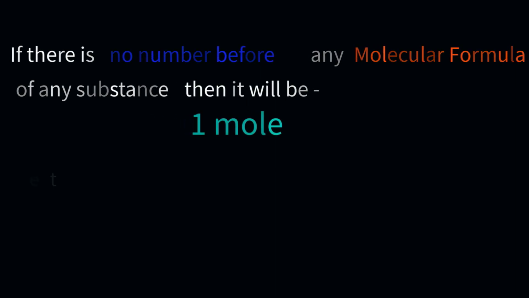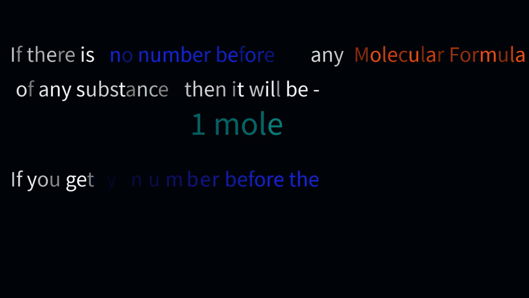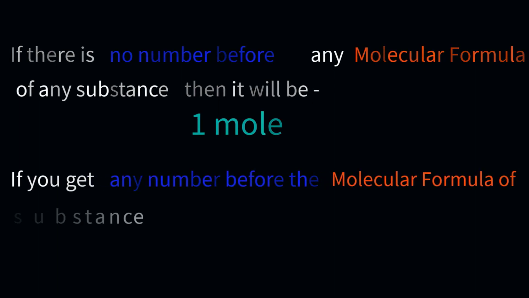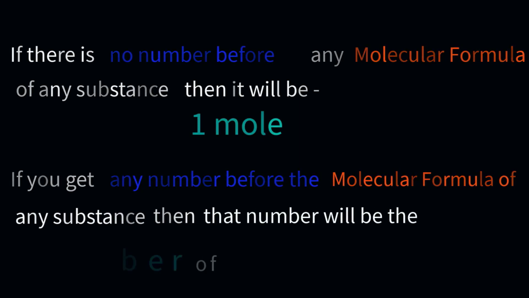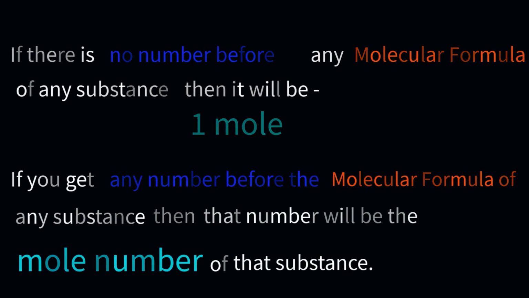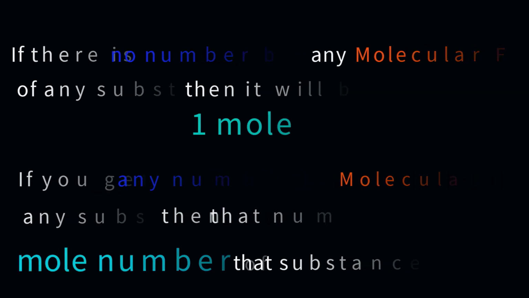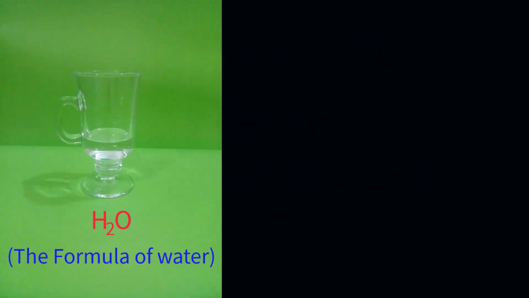And if you get any number before the molecular formula of any substance, then that number will be the mole number of that substance. For example, see, there is no number before the formula of water. So we can say that there is 1 mole of water here.